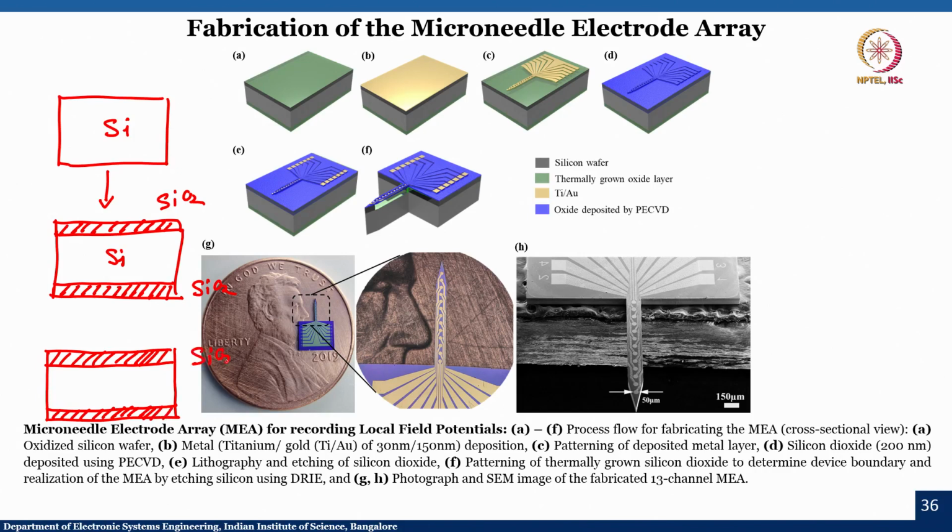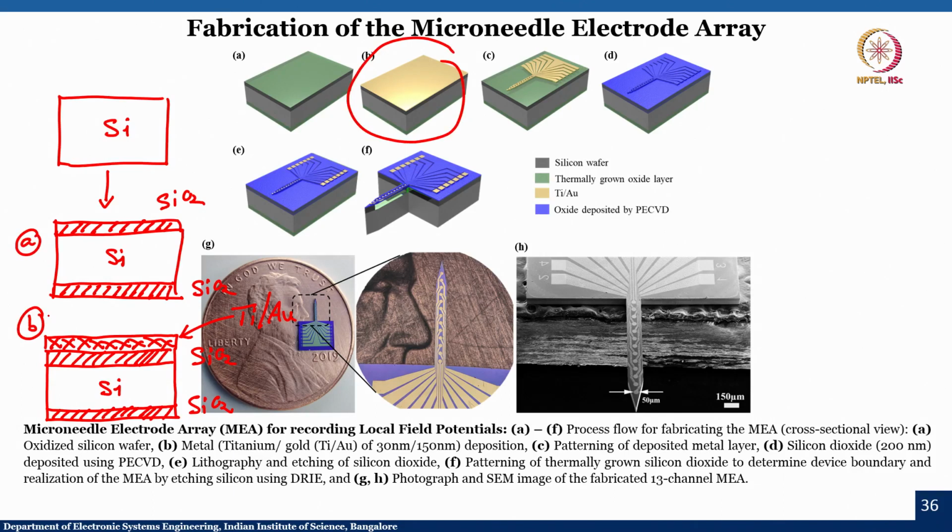This is again your SiO2, silicon, and then on the silicon you have a layer which is nothing but your titanium and gold, TiAu. Okay. So, this is your B now. This is your A and this is your B.